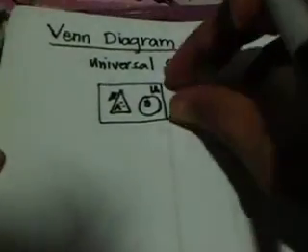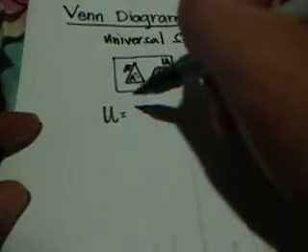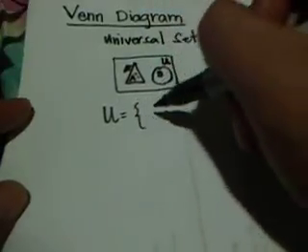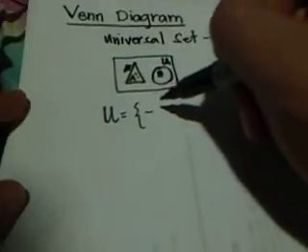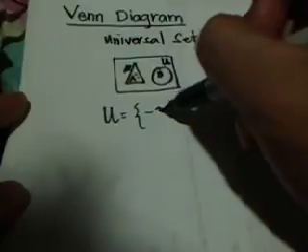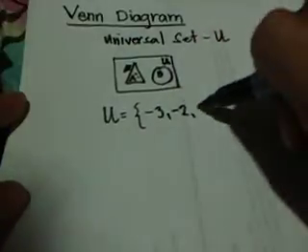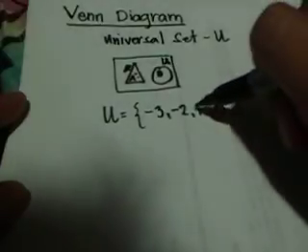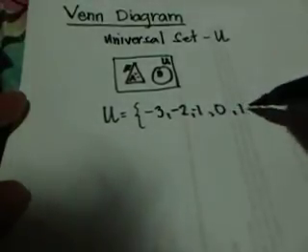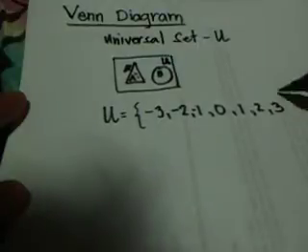Within this given Venn diagram, let us give some more examples. Let us say the universal set U has elements such as integers, for example. Let us just limit the numbers: -3, -2, -1, 0, 1, 2, up to 3.